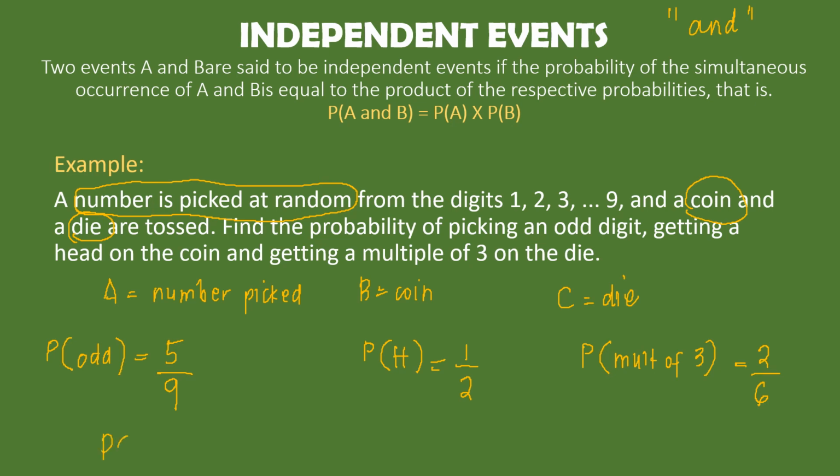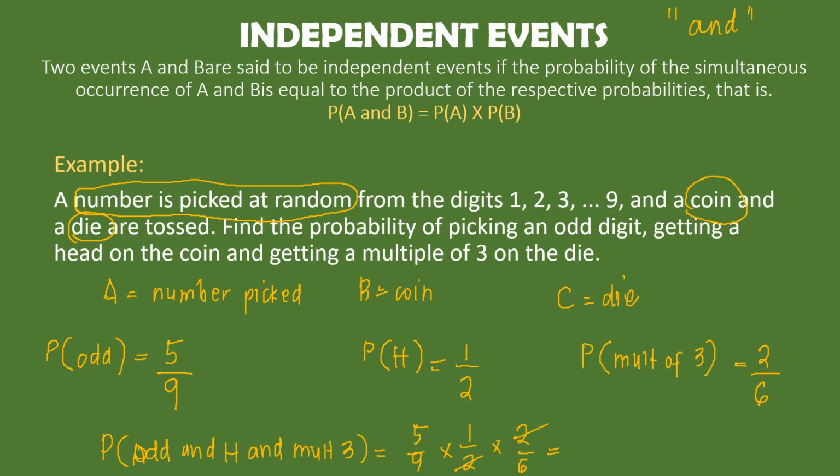To get the probability of getting an odd, a head, and a multiple of 3, that's equal to 5 over 9 times 1 over 2 times 2 over 6. And if we simplify, we can cancel 2 and 2 here.